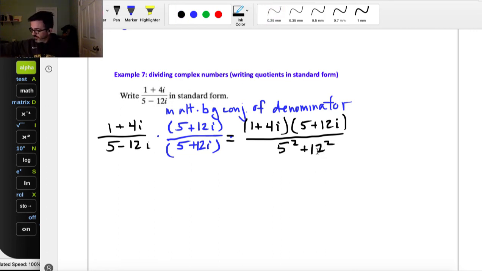And now, unfortunately, for the top, there's no pattern for that. So we will need to multiply that out.